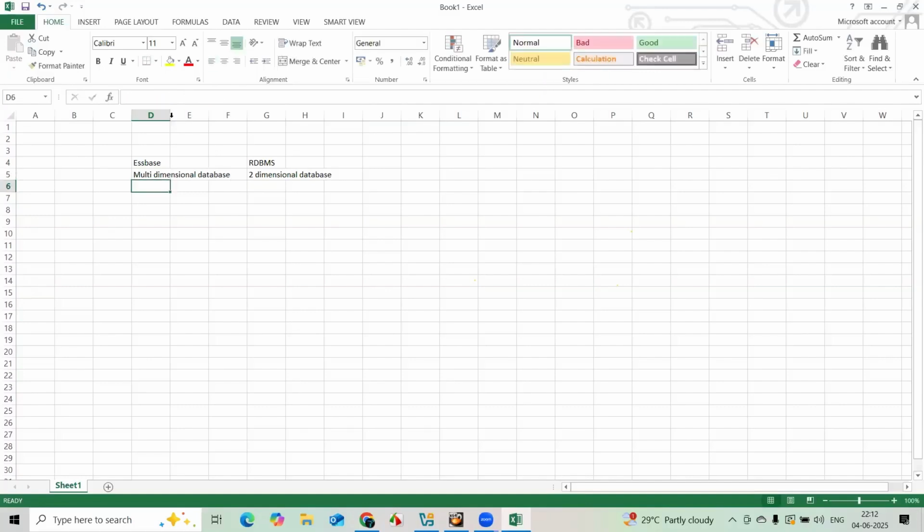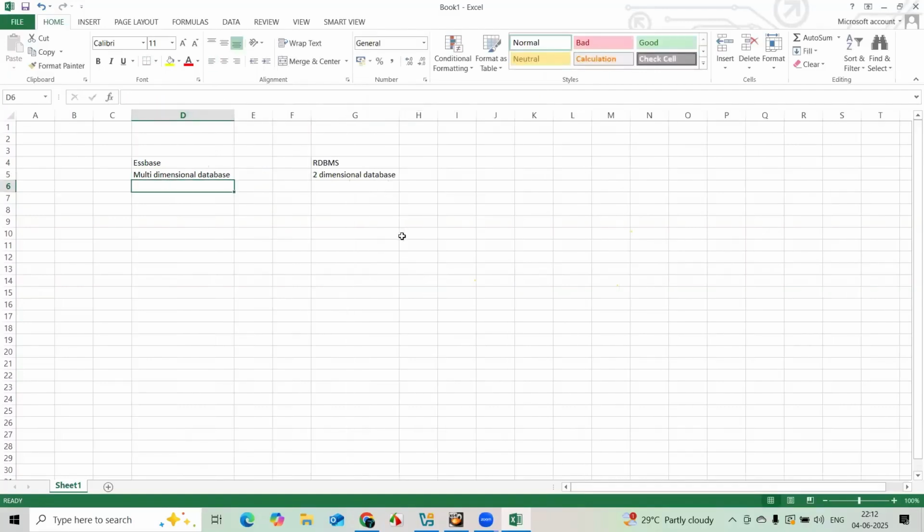This is the main difference between RDBMS and Essbase. How it is a multi-dimensional database, I will explain with a proper layman's-terms example. In the EPM application, Essbase is used to store only numbers like integers, decimals, big decimals. Whatever it is, Essbase is only used to store numbers.